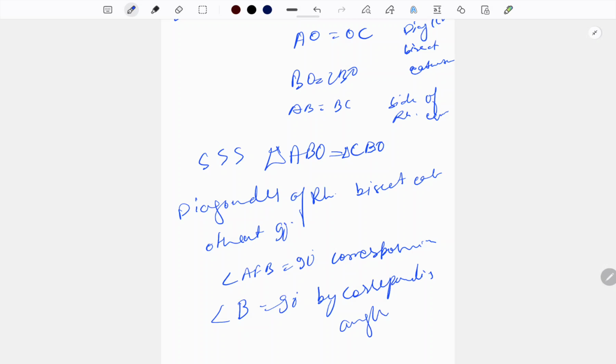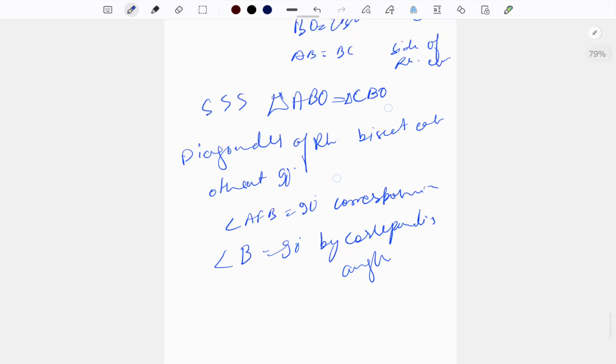So this is how we have to dig down and find out how the theorems are being proved.